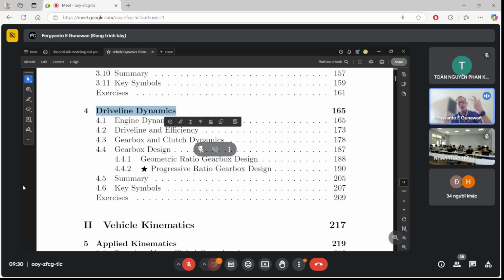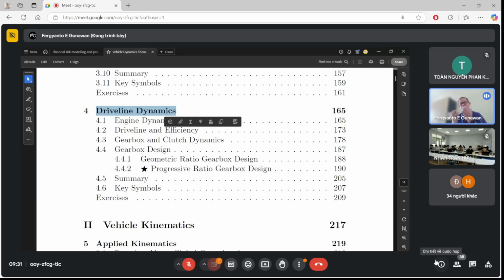So we only have two equations. That is the relationship between engine and car, force and velocity. We also have some equations that we can use to design the gear ratio, right? So at the end of driveline dynamics, you can design the gear to reach the velocity you wish, and you understand the relationship between engine and force, right?